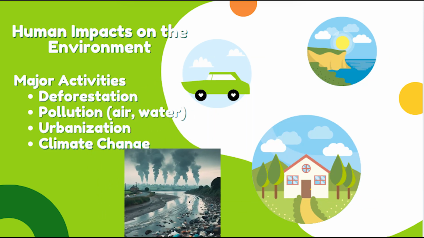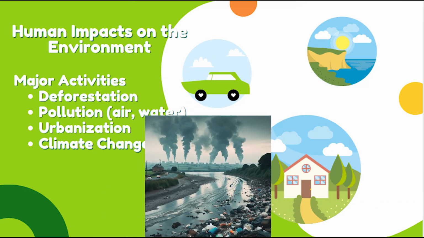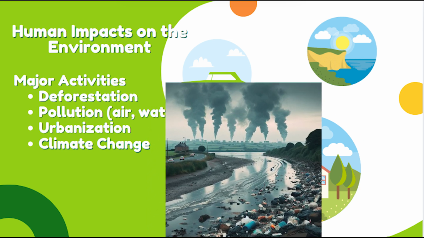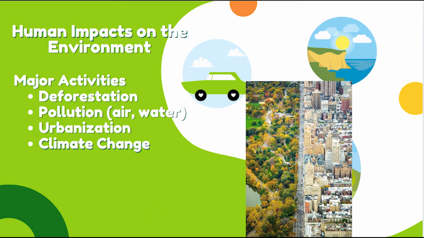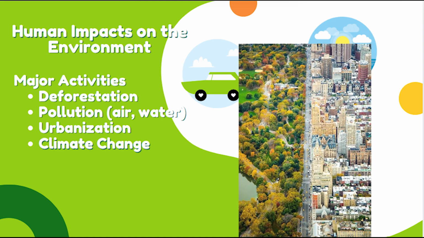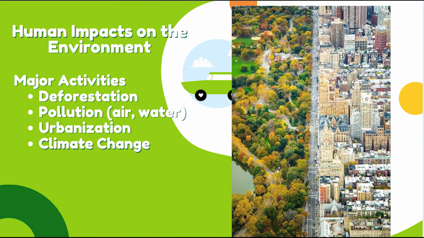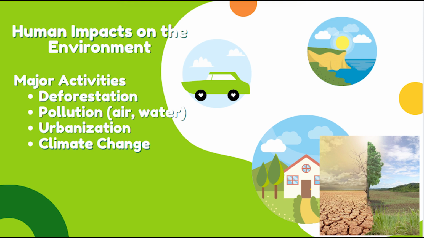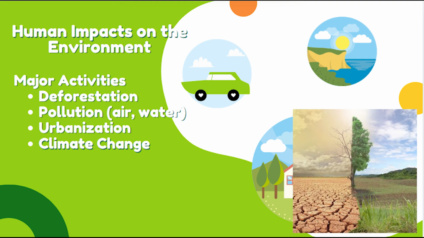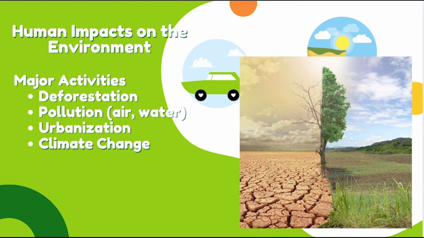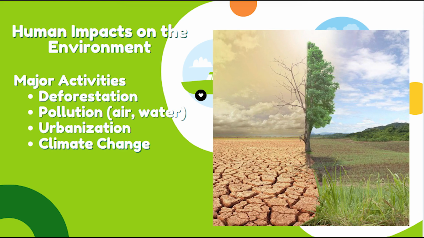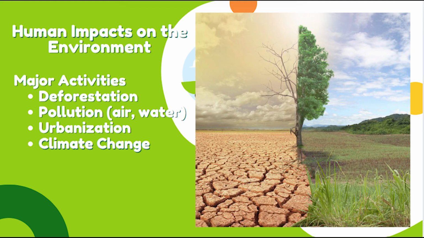The other one is pollution, meaning contaminating air, water, and soil. The third one is urbanization, which refers to turning natural areas into cities. Last but not least, climate change is caused by greenhouse gases from factories and cars. We must change our ways to prevent long-term damage.